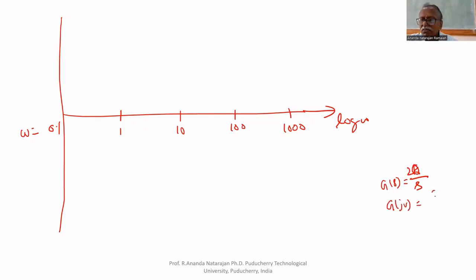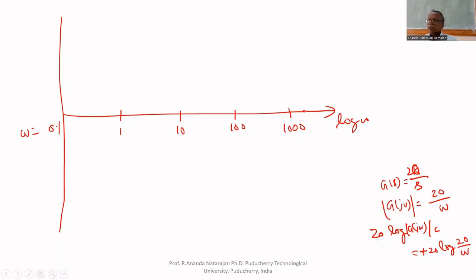G of j omega equals 20 by j omega, so the modulus is 20 by omega. What is 20 log modulus of G of j omega? It equals 20 log 20 by omega.